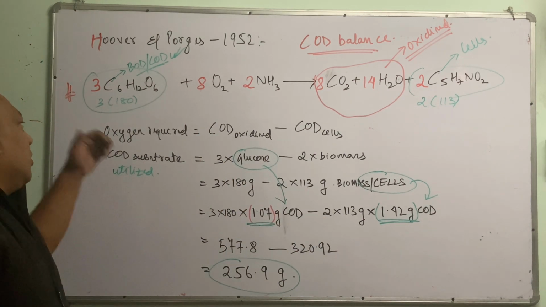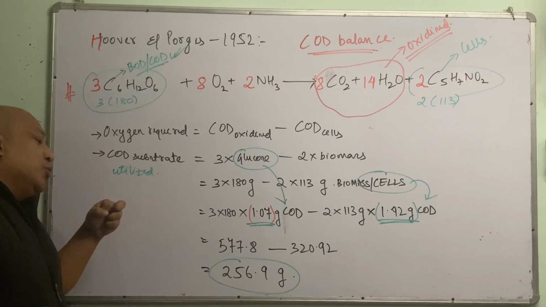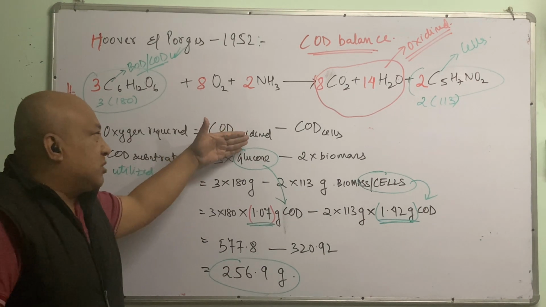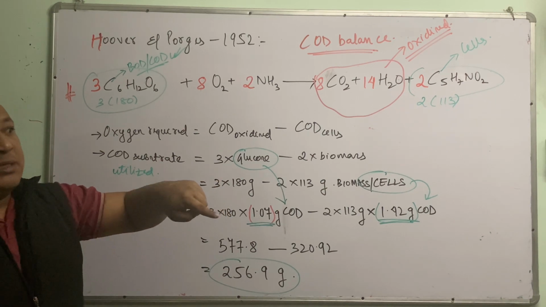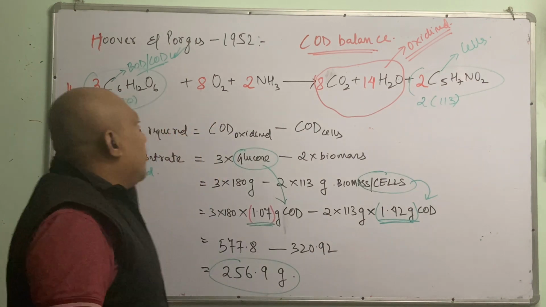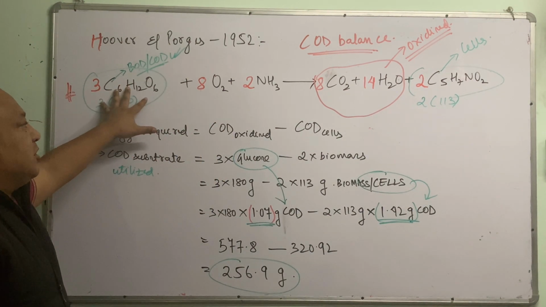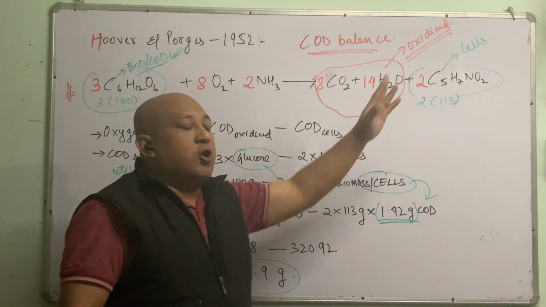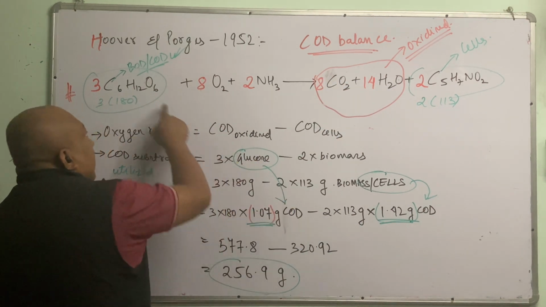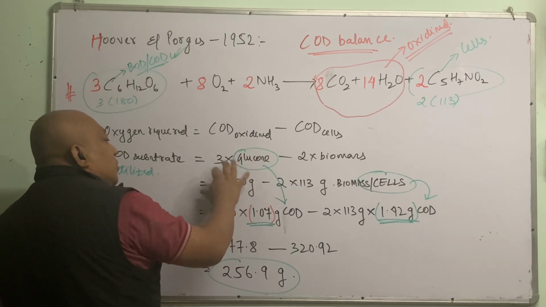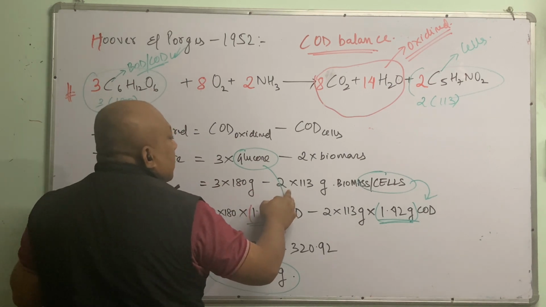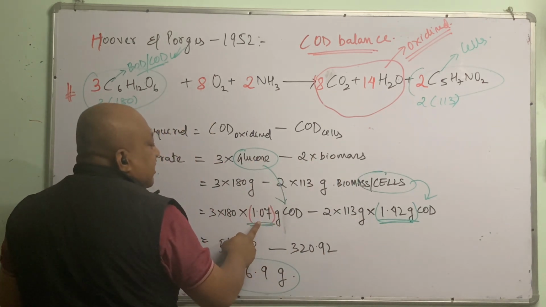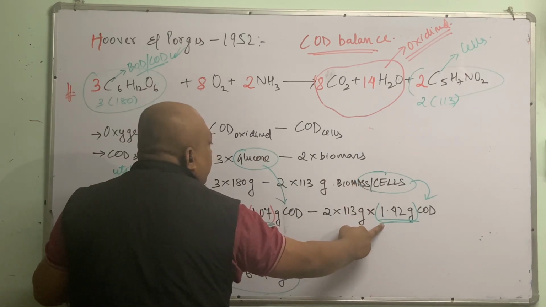So how much oxygen is required is the oxygen consumed to utilize the substrate and convert it into other products, and that is the total COD oxidized, how much food is gone, minus some other item, that is the cells. So if you convert everything into COD, we know that 3 into 180 grams has been completely used, subtracting 2 into 113 grams of biomass, and this glucose is converted into its equivalent COD, and this biomass is converted using 1.42 grams of equivalent COD.